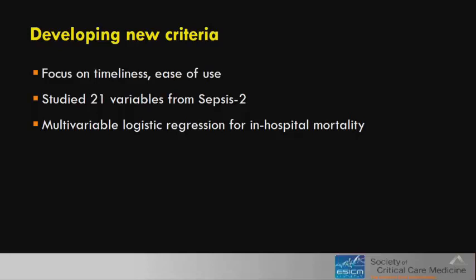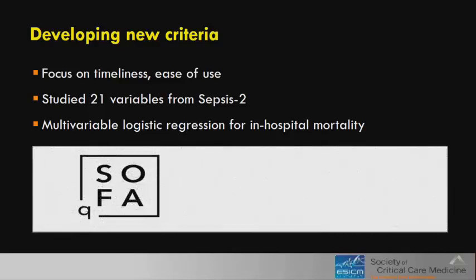So we also tried to assess criteria that were available at the bedside that were simpler, and we studied 21 variables that would be available at the bedside to develop a potential system that would allow you to identify at the bedside whether the patient was really sick or was likely to become really sick in the setting of infection.